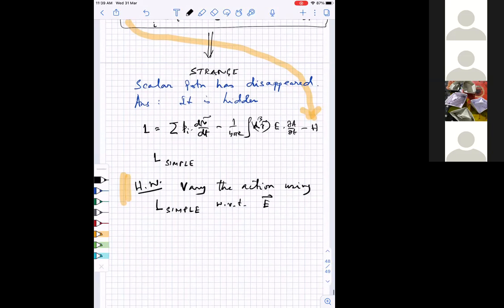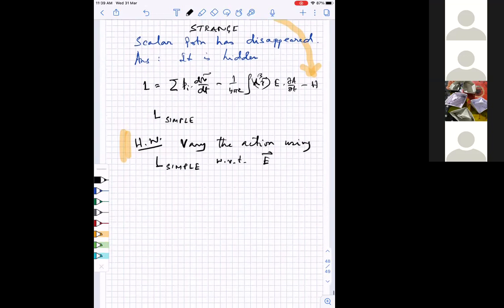When you vary this action with L simple, what I want to find out is basically just for this E part. So everything will have a delta L, due to the variation of E. That delta L, you will find, will come out to be minus 1 by 4 pi c, an integral d cubed r.